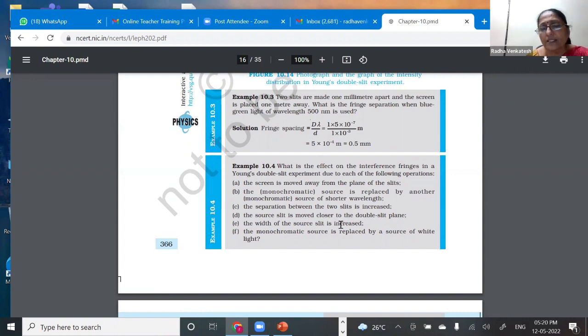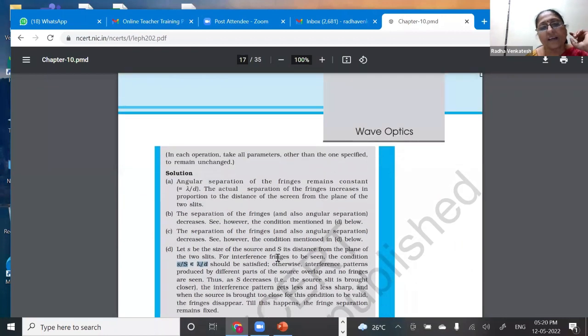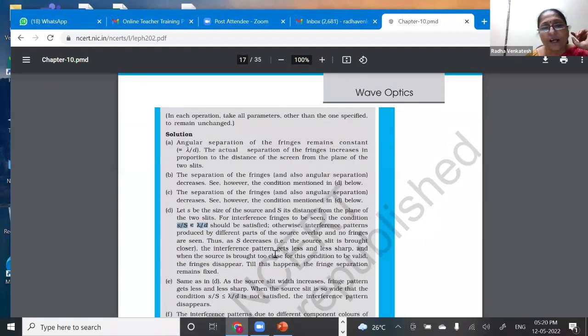The width of the source slit is changed, so small s is changing. Are we clear with this, teachers? Sorry, children never. Are we clear with this, teachers? So what you must make the children write is that the separation of the fringes decreases provided this condition is satisfied.